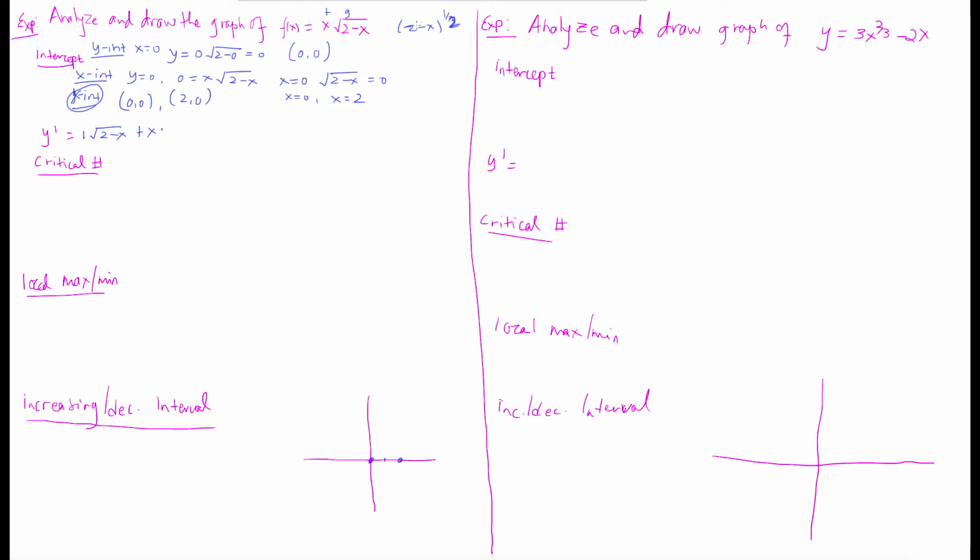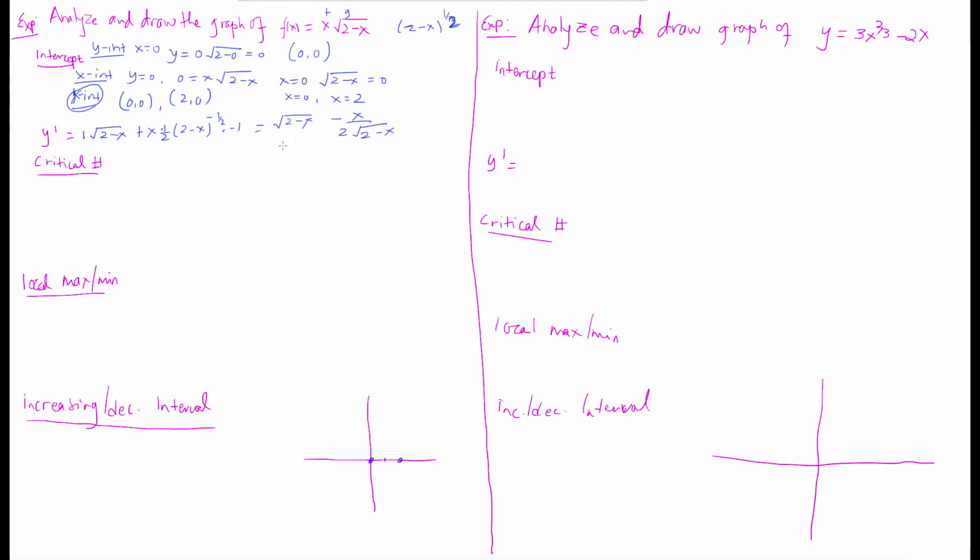It is like u to the 1/2, so 1/2 u to the 1/2 minus 1, that will be 1/2 times u to the negative 1/2, where u is 2 minus x, times the derivative u prime, which is negative 1. So if you simplify this, what you get is root under (2 minus x) minus, because x times negative 1 is negative x, divided by, this goes to the denominator, 2 root under (2 minus x). That's what you get.